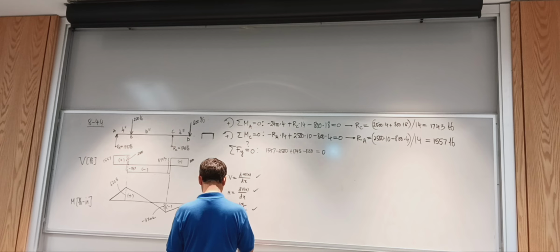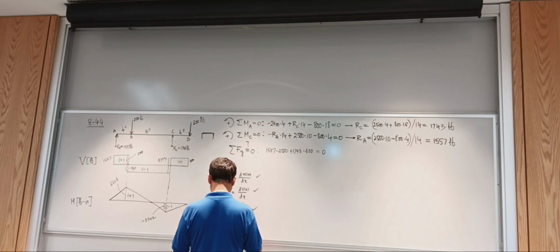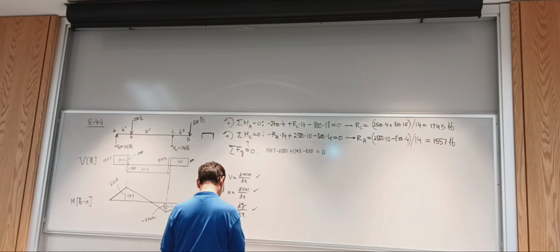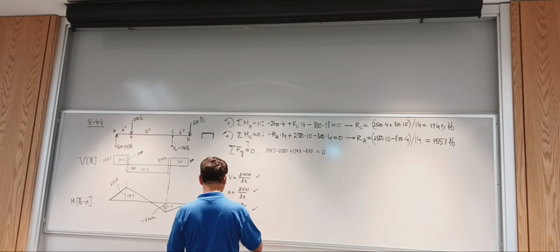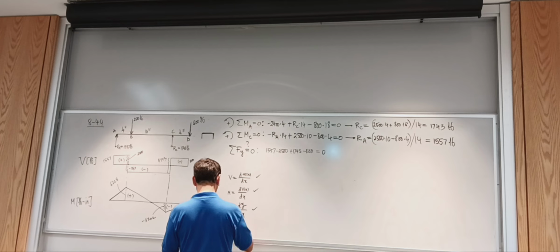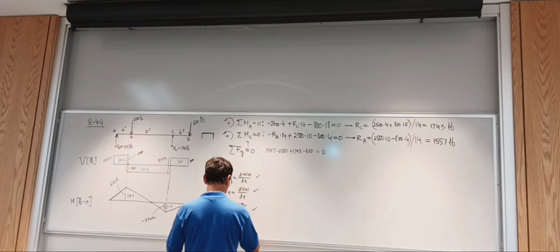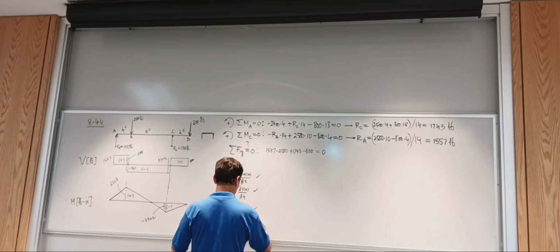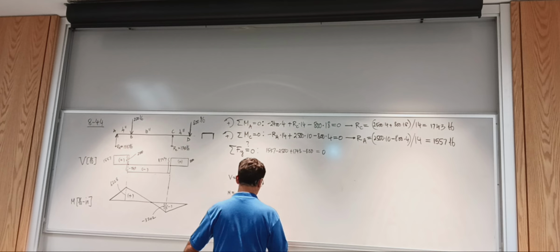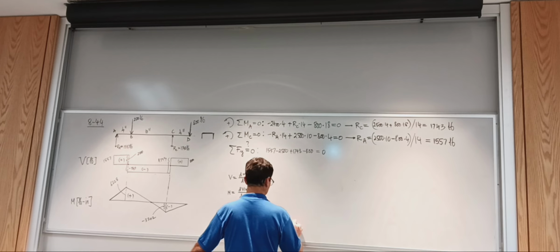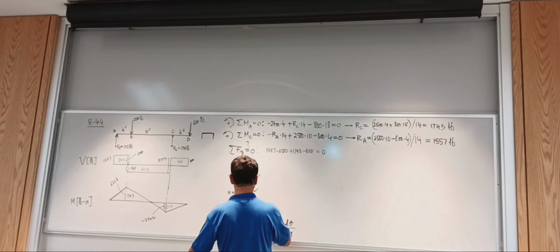And then I have y equals theta times, for each segment. Well, there are a number of equations. Since I started, let me just put one that's valid. So M equals EI d2y over dx squared, and I can write EI times d theta over dx because of the above equation.